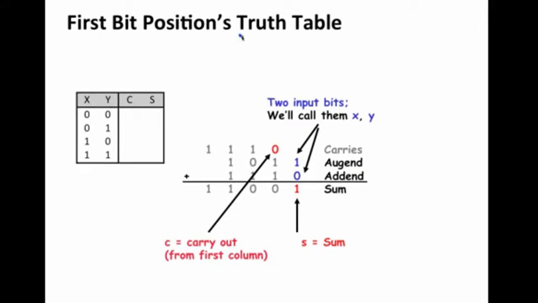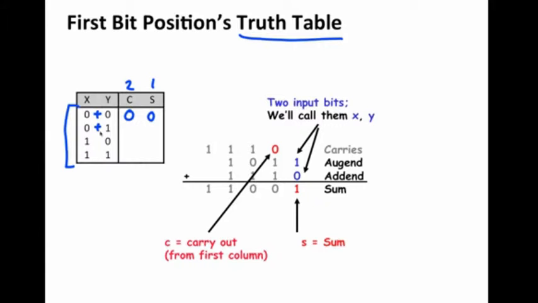So let's go ahead and build the truth table for the circuit that will take the two input bits X and Y to produce the sum bit S and the carryout bit C. There's 4 possible combinations of our input bits X and Y. When we sum X and Y together, 0 plus 0 we get 0, that means we can represent that with a 0 in the 1's place coming out of this bit position and a 0 in the 2's place.